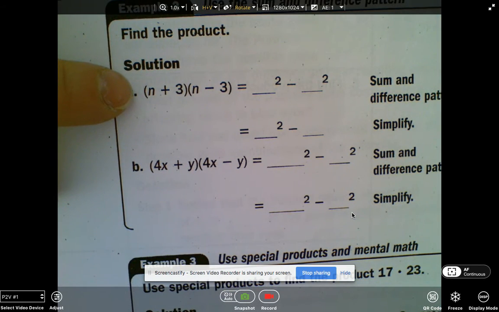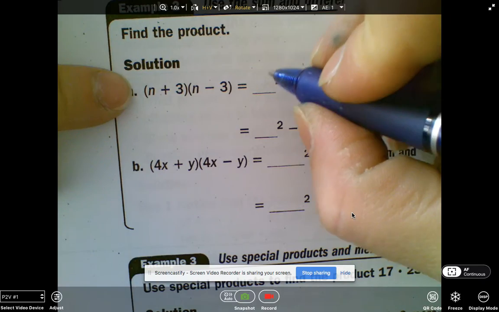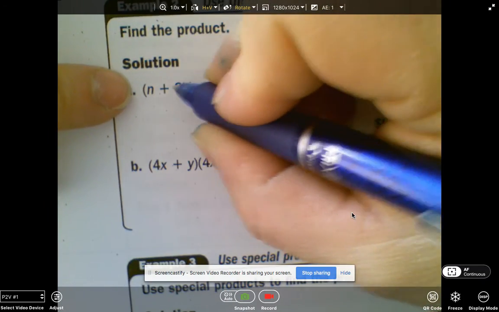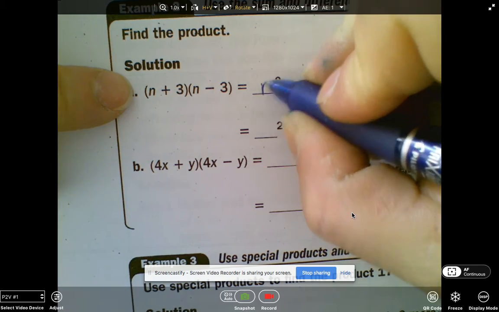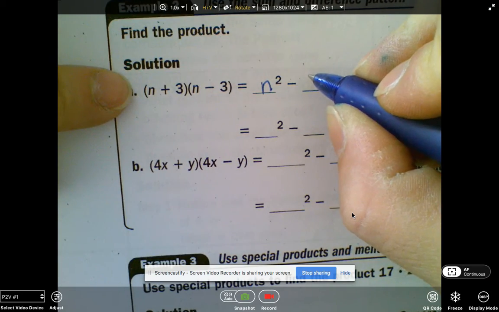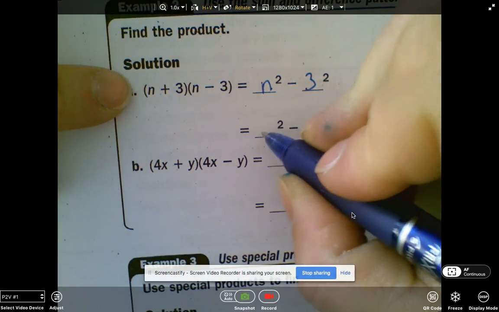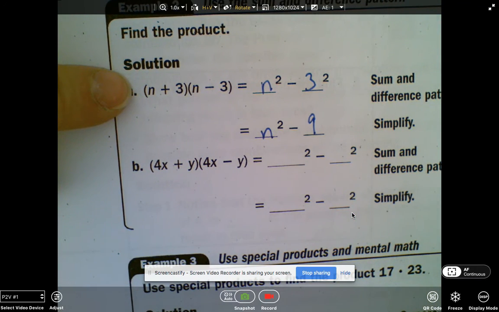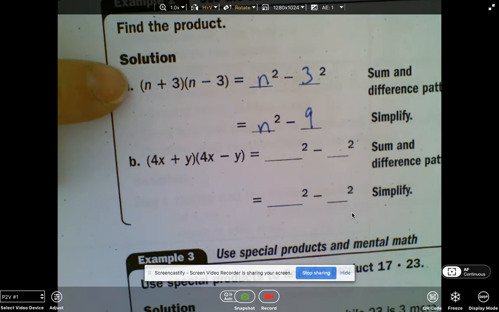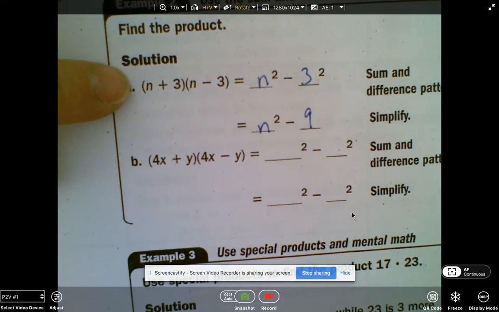Easy peasy. Again, same binomials, just addition and difference. So you get n squared minus 3 squared, so you get n squared minus 9. Okay, easy, right? Let's try the next one. We got different variables here, trying to switch it up a little bit.